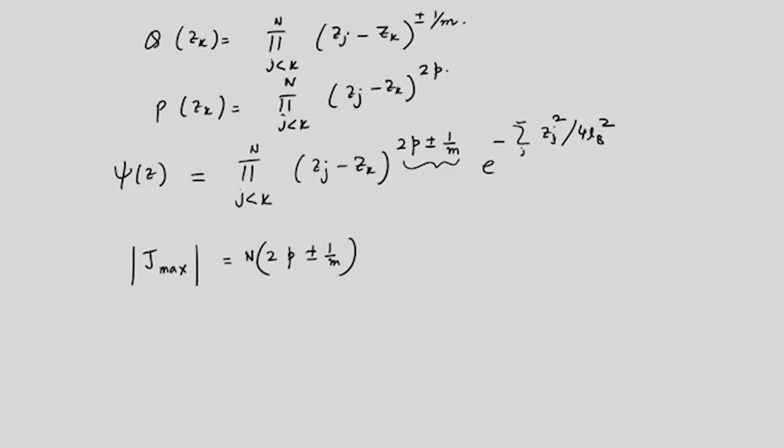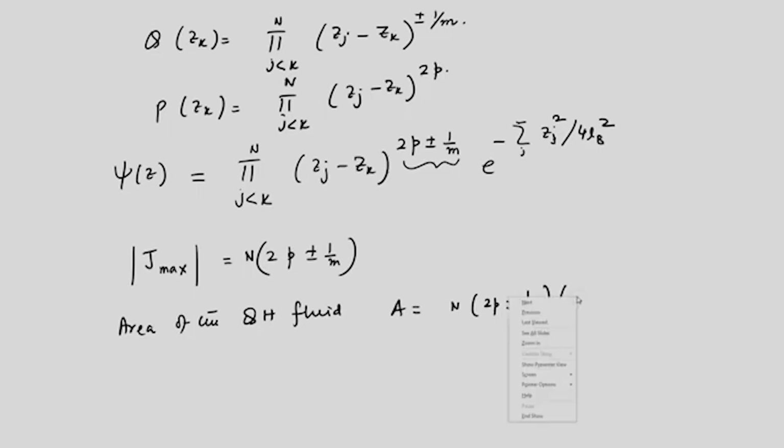The filling fraction corresponding to this scenario can be obtained if we note that the area of the quantum Hall fluid is given by A equal to N times (2p plus or minus 1 over m), which is that J, and then we multiply it by pi times 2m l_B squared. Okay.